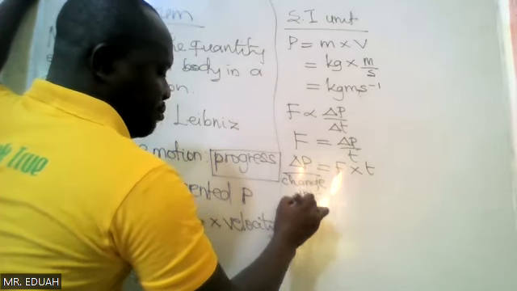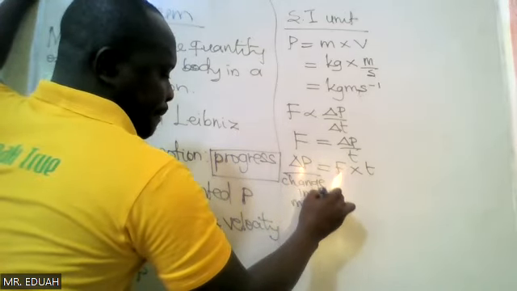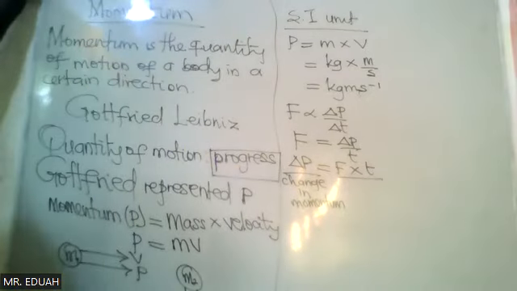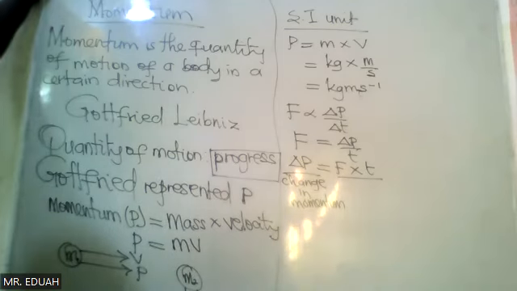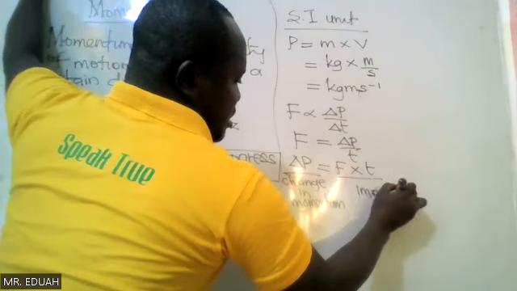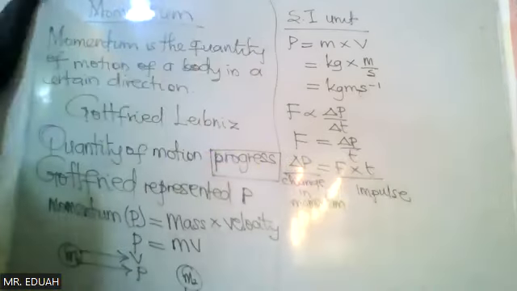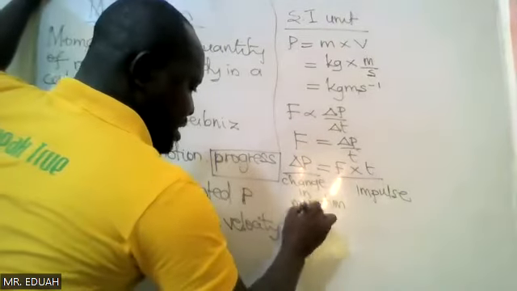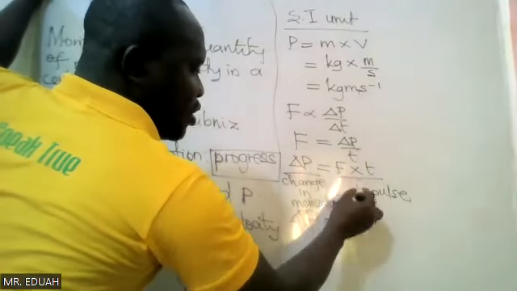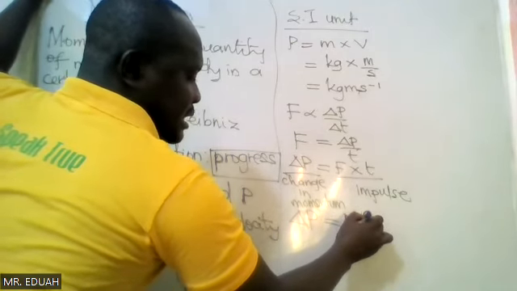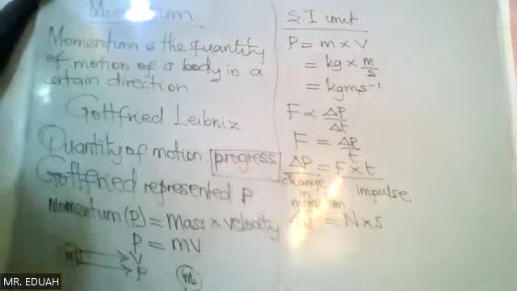The product of the force and the time taken for the exertion of the force on the body, we call impulse. So change in momentum is equal to impulse. Delta P is force times time, Newton times second.